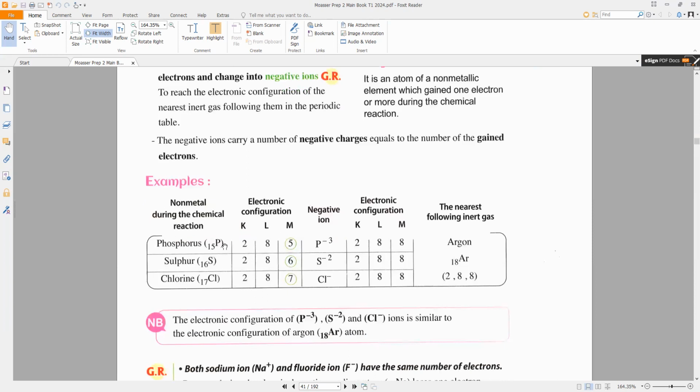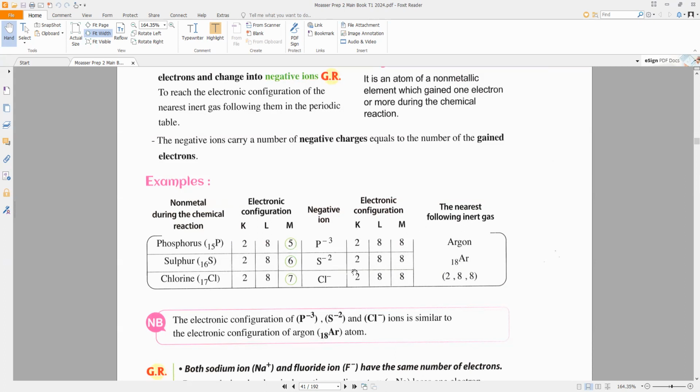All of them are non-metals because they have more than 4 electrons in the outermost shell. When phosphorus gains 3, it has minus 3, because it gains 3 electrons to complete from 5 to 8. The sulfur has minus 2 because it gains 2 electrons. Fluorine minus 1, and we don't write 1 because it gains 1 electron.